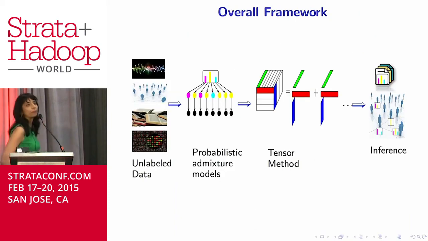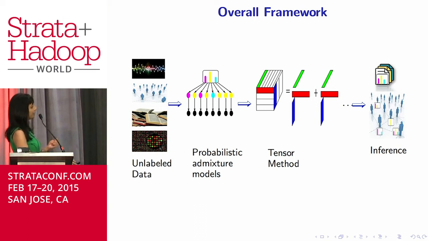And so that's the overall framework, right? When we have unlabeled data in various different domains, there could be social network data, text data, image data. And once we have this class of latent variable models, we construct tensors from higher order moments of the data, and using the decomposition, we can do inference on the model.